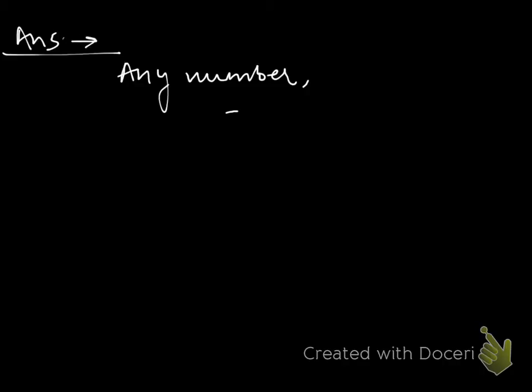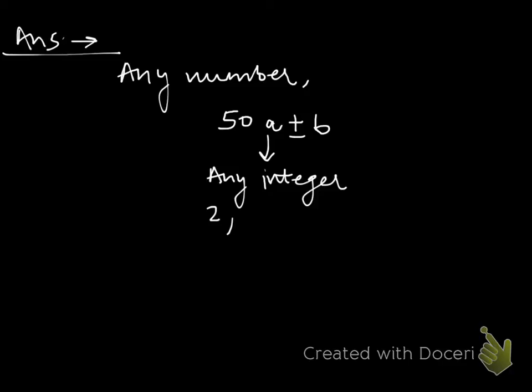Let's prove it. Let's say we can write any number in this form: 50a plus minus b. Don't be baffled by this. Where has this 50a plus minus b come from? Don't be intrigued by this. I'm writing this with certain intention, of course.